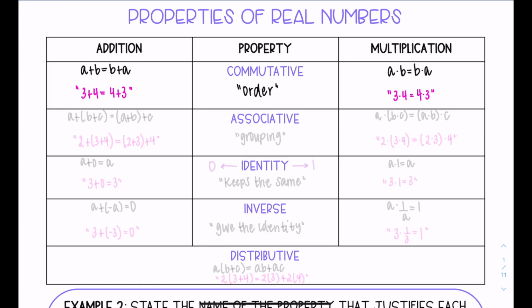The next thing is the associative property, and this deals with the grouping of things.